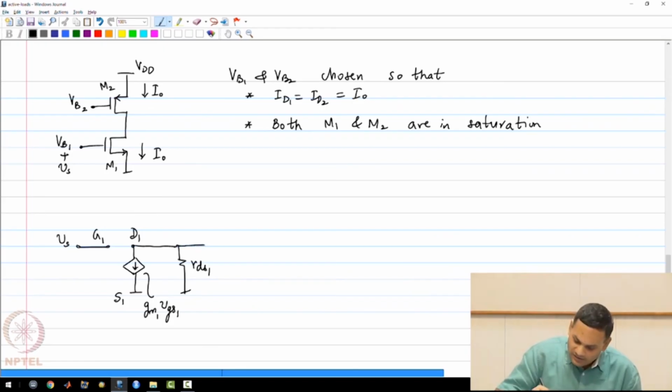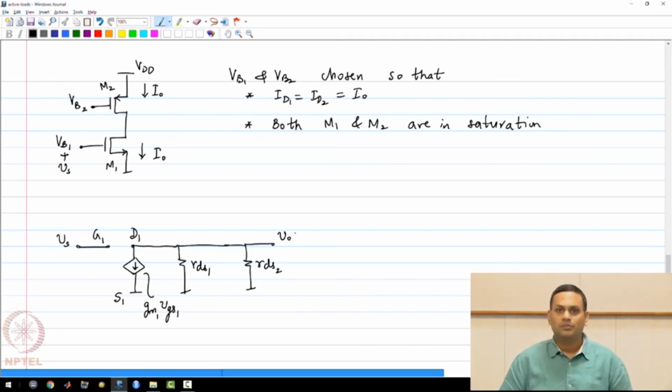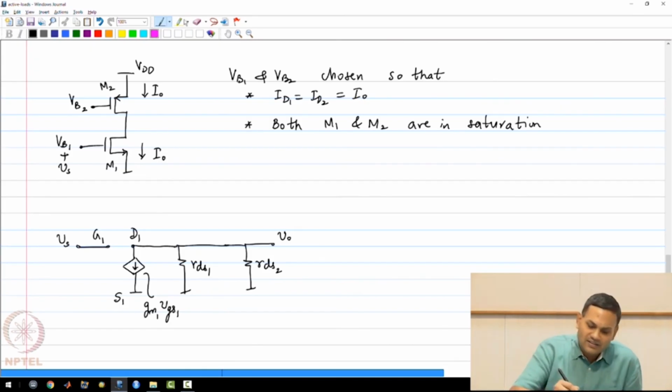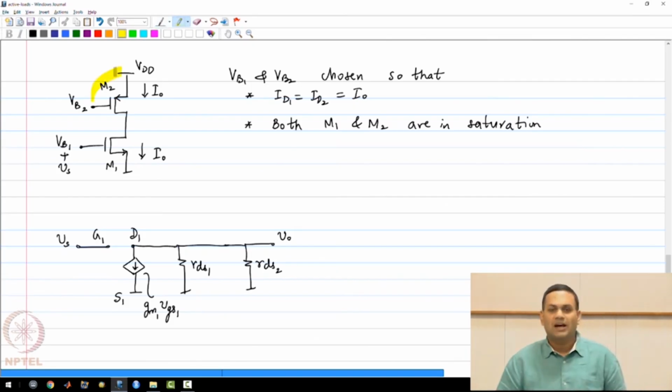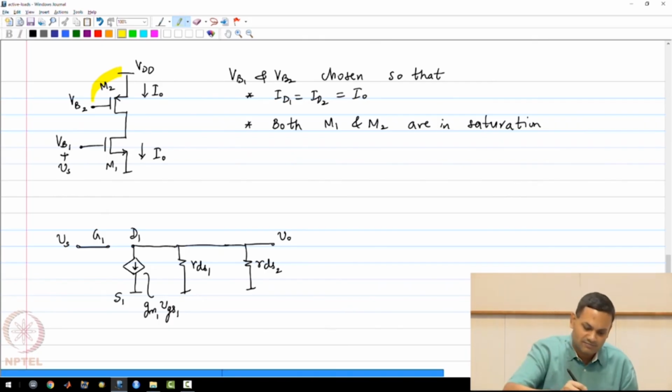Please note that the drain of M1 is connected to the drain of M2, which also happens to be the output voltage VO. Now what happens to the voltage controlled current source of M2? Clearly the small signal voltage at both the source and the gate of the PMOS transistor is 0, and therefore there will be no signal current generated by the GM portion of the PMOS transistor.